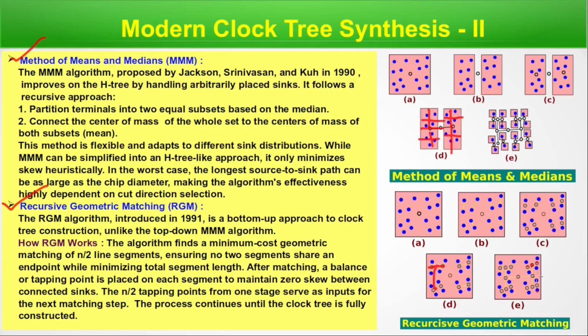Here these two have a tapping point, these two have a tapping point, and between these two tapping points there is another tapping point. These tapping points are connected, and in between we find another tapping point, which means here it meets in another tapping point. It's a bottom-up approach, and here it's a top-down approach. So we are done with this slide and we will move to the next slide.